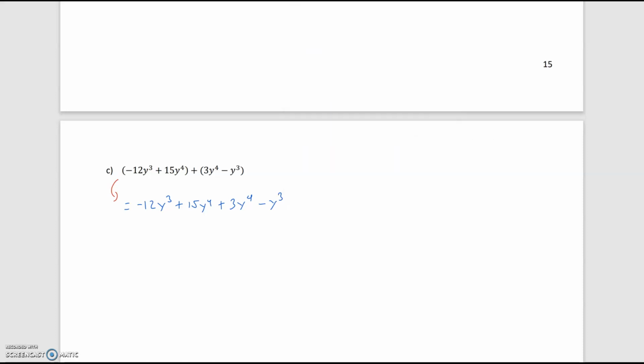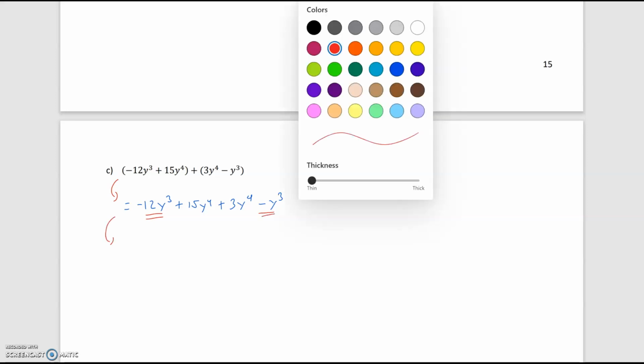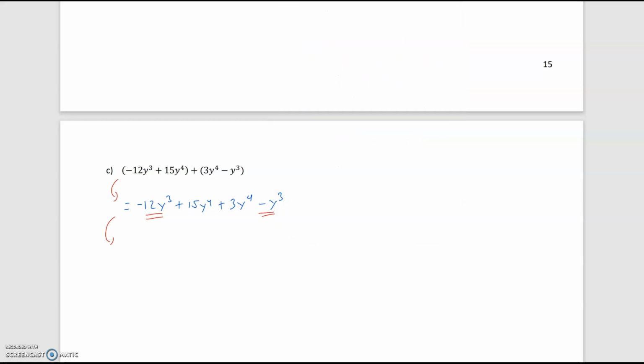And then in the next step, we can start combining like terms. So I'm going to first combine the y's to the third power. So negative 12y to the third minus another y to the third. This is negative 13y to the third.